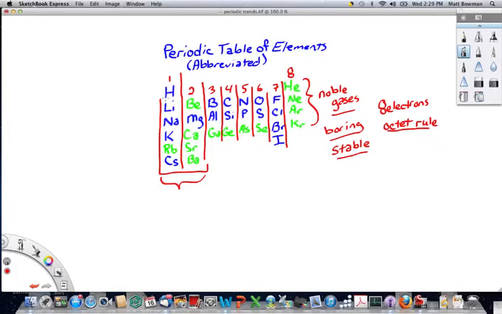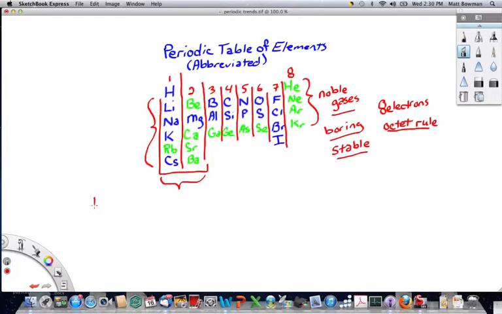Hydrogen is sort of an exception to this. We'll get to hydrogen after a bit. But the ones below hydrogen, lithium, sodium, potassium, rubidium, and cesium, these give up 1 electron. Beryllium, magnesium, calcium, strontium, and barium give up 2 electrons. And when they do so, they end up having complete octets.